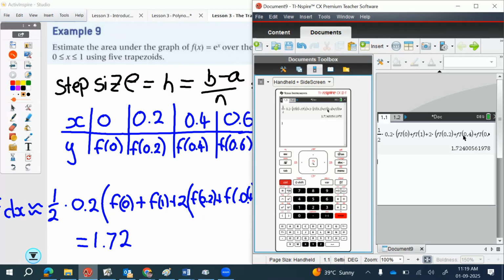Once you get 1.72, let me see it. What did I do wrong? Sorry, let me pause the video a few minutes while people type this one in. It'll take us a while.